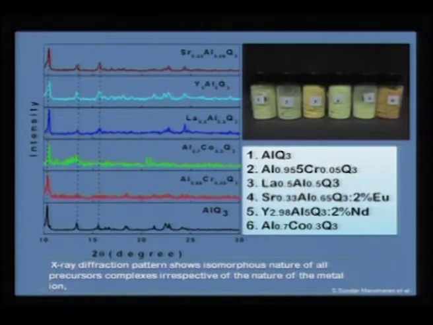As you could see here, AlQ3 has a typical X-ray pattern like this, where you have a very strong peak somewhere around 10 degrees, and if I put in less than 1% of chromium in this AlQ3, you can see that the crystal structure absolutely remains the same.